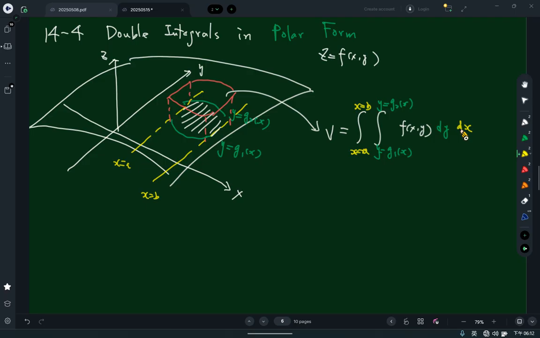So we are talking about the volume. But if we force f of x, y to 1, then we are talking about how to calculate the area of the region. This is just what we learned before.